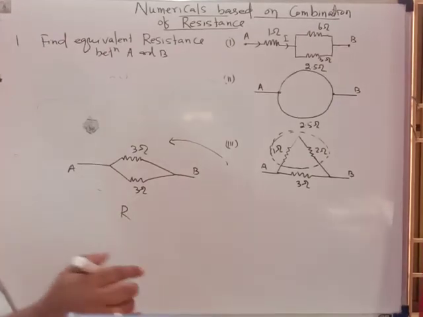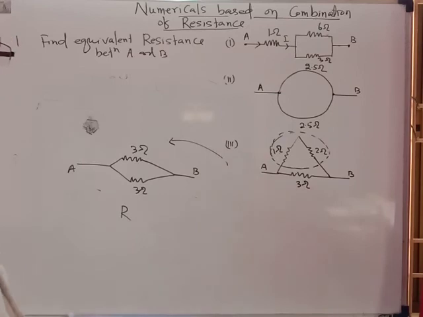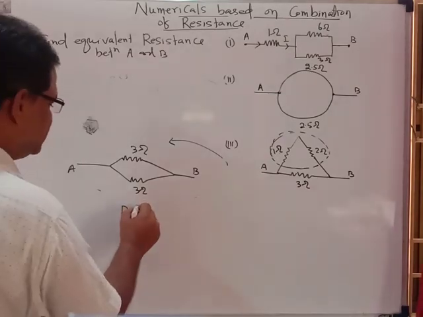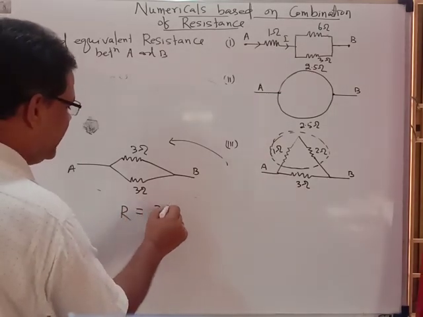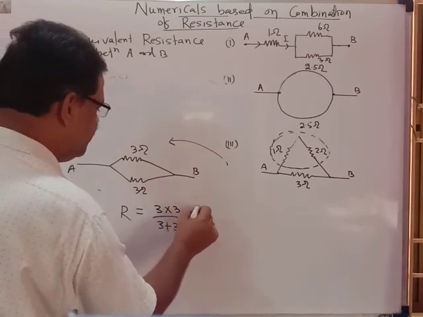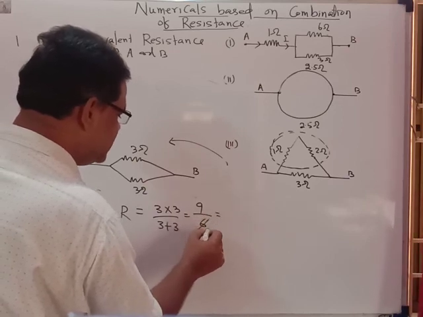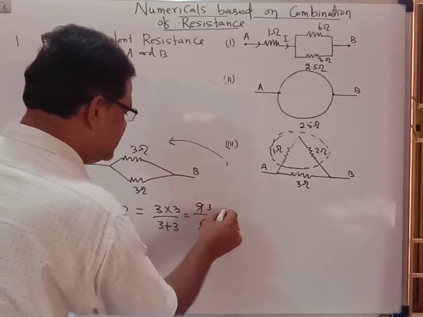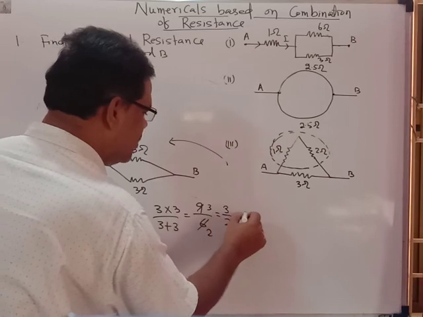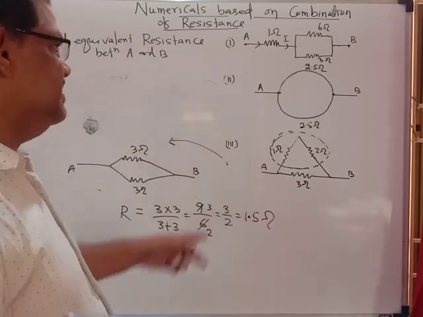I told you whenever two resistors are grouped in parallel, you should directly apply the formula R1 R2 by R1 plus R2. Simply 3 into 3 upon 3 plus 3, which is 9 upon 6, that is 3 by 2, equal to 1.5 ohm. This is the equivalent resistance of this case.